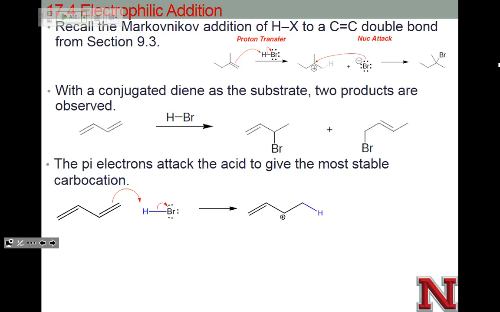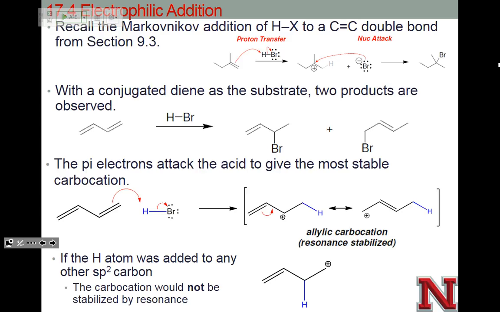When it's conjugated with the double bond, we have our resonance structure, which makes that positive charge the most stable. In this resonance structure, remember, we don't have an interconverting structure, but we have an average where the positive charge is on this carbon and on this carbon. Now, one of these can be attacked by the bromine, forming our two possible products.